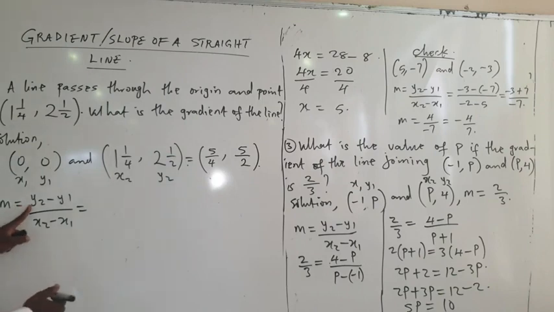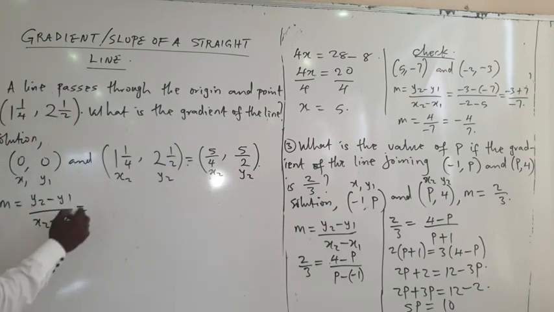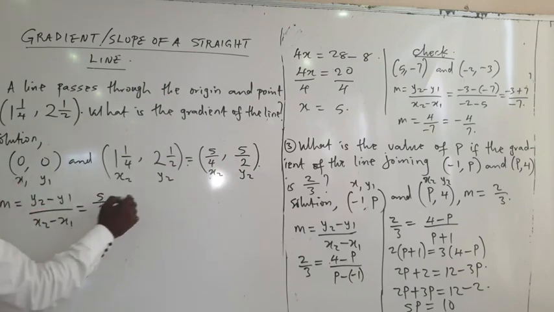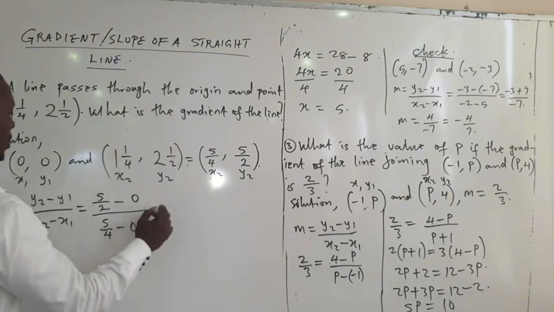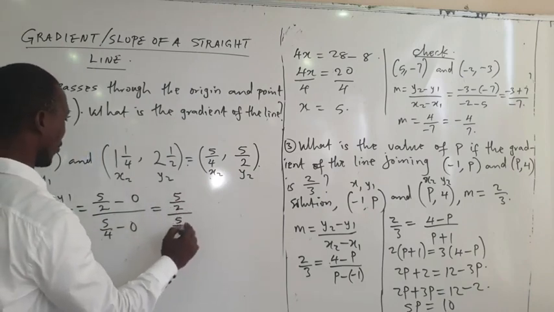So y2 is 5 over 2, so we have 5 over 2 minus y1, that is 0, all over x2, 5 over 4 minus 0, which equals 5 over 2 divided by 5 over 4.